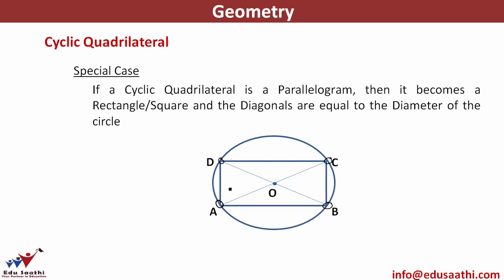The vertex angles have to be 90 degree for the parallelogram to exist inside a circle. Otherwise if you try to make a parallelogram, one vertex will be outside, one vertex will not be on the circumference of the circle. So it has to be a case of rectangle or square with the diagonal of the square or rectangle equal to the diameter of the circle.